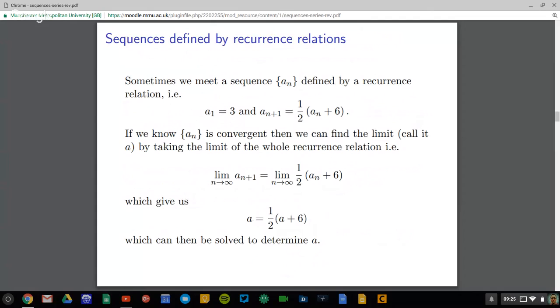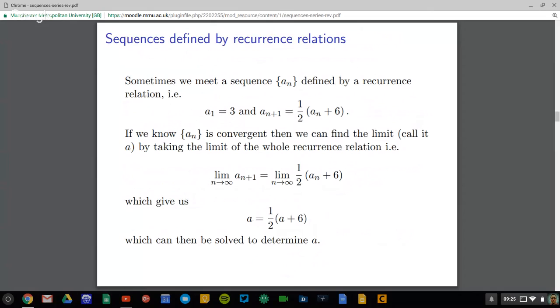If you know there is a limit, then you can simply take the limit of both sides of the recurrence relation. And the limit of the sequence term a_{n+1} is going to be the limit a as well. So if a is the limit of the sequence, then we've got an a on the left-hand side when you take the limit, and on the right-hand side, this is a linear combination of a_n, half times a_n plus a constant.